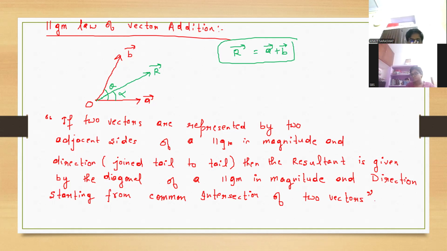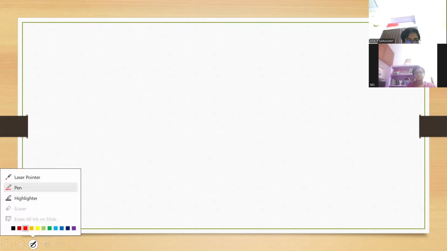Clear? What is the meaning of that? Let us understand. Have you written this? Meaning is that, for example, there are two vectors. One vector is like this. Let us suppose this vector is A vector and this vector is B vector.